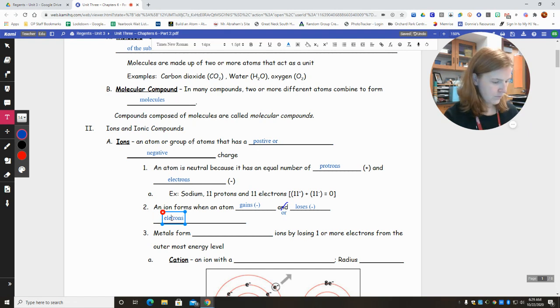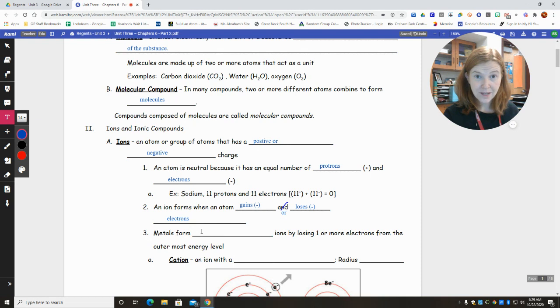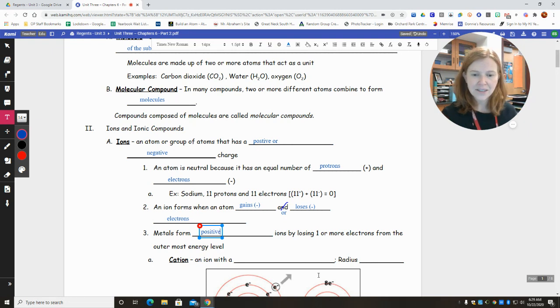There we go. So metals, and we know now where the metals are, right? They make up 80% of the periodic table. They cover everything to the left of the staircase line. Metals are going to form positive ions by losing one or more electrons from the outermost energy level.